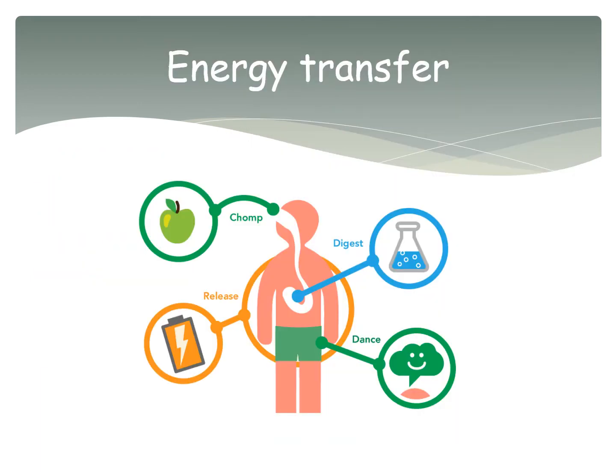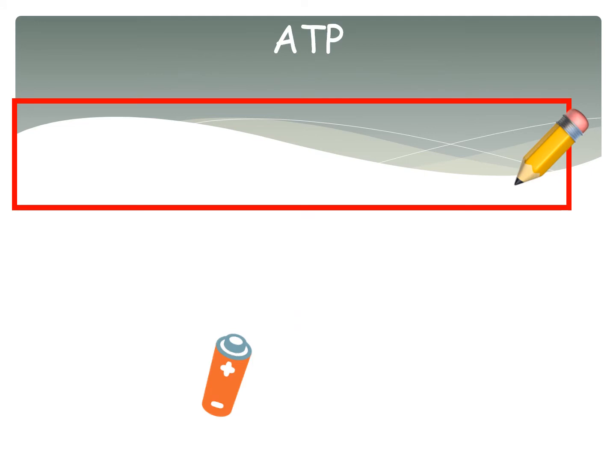So energy transfer: we've got our food, like an apple for example, then we have to digest it, and then we have to get our energy somehow, and then we use that energy to move or to dance. So ATP is really, really important. It's important that you put it as capital A, capital T, and P because all of the different letters stand for something.